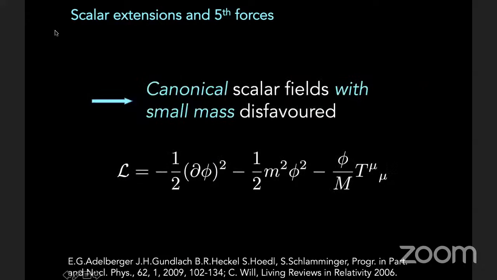It turns out what this is really excluding is just the simplest possible model. What this means is really that it's a canonical scalar field with a small mass that's disfavored. For those who speak Lagrangians, this is the Lagrangian. For those who don't, all you need to know is this is just the simplest possible model. You may wonder, well, what's wrong with the simplest possible model?